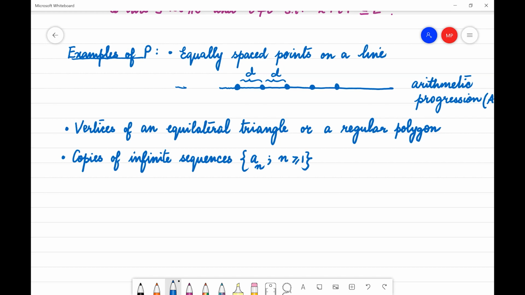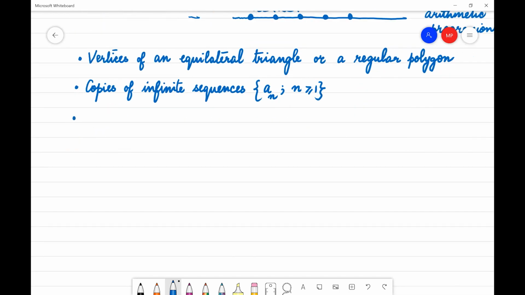Or it could be algebraic in nature. It could be solutions of equations. For example, you could look at equations of the form x plus y equals 2z.